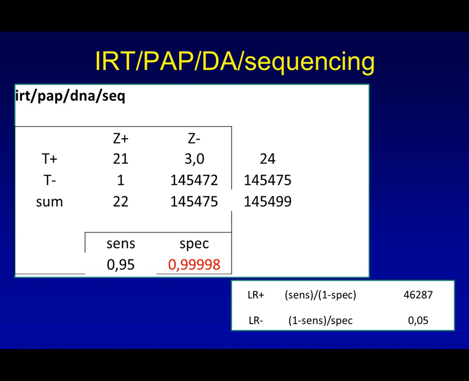The likelihood ratio of a negative test is calculated by 1 minus the sensitivity divided by the specificity, which is 0.05, which is very low. This means that the algorithm that is used is good for the detection of cystic fibrosis.